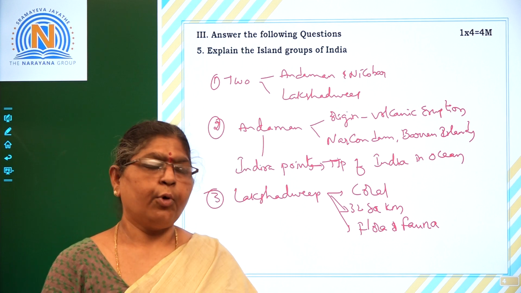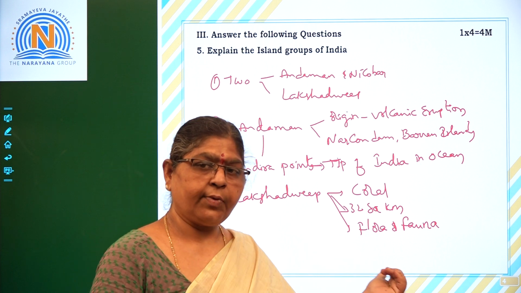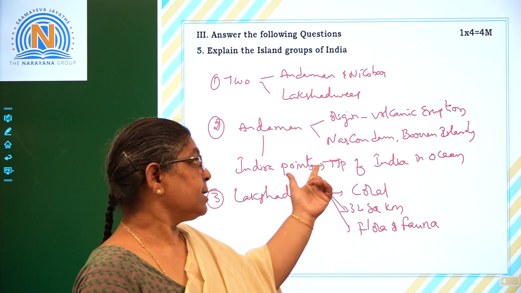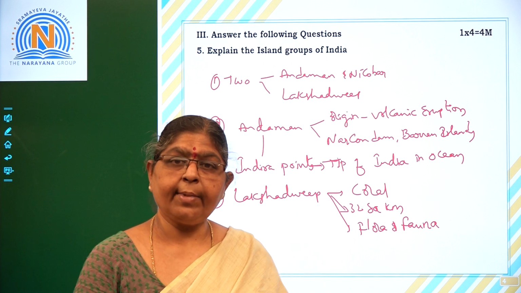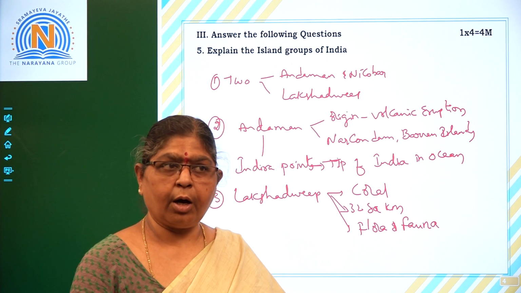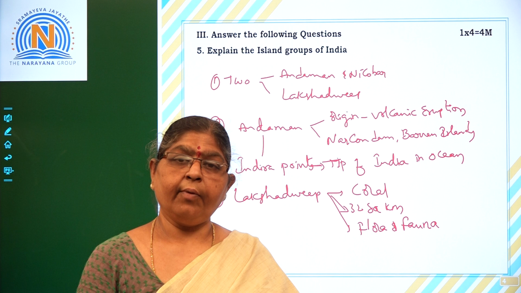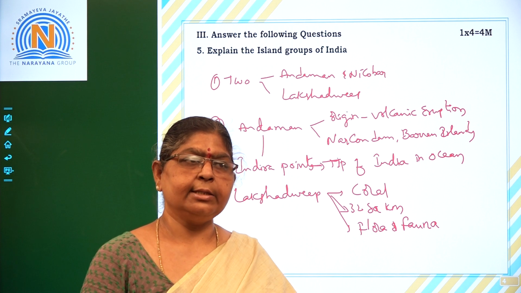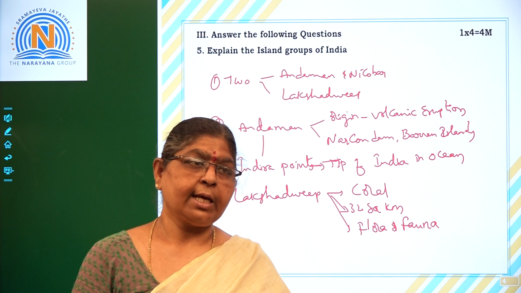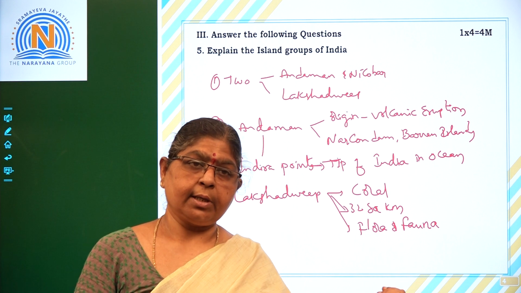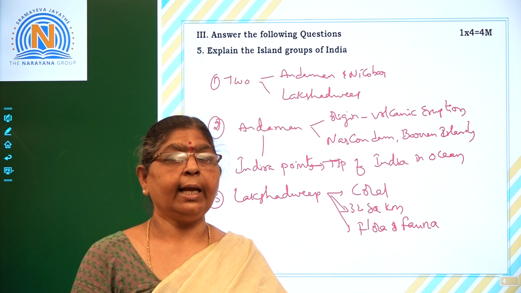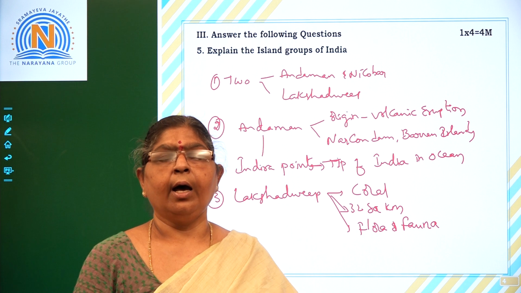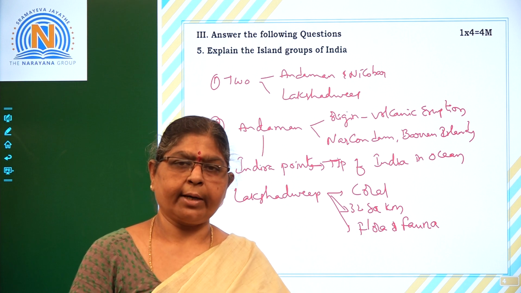So children, most of the islands in Lakshadweep are uninhabited, whereas in the Andaman and Nicobar Islands, some areas are occupied by people. And you know very well that the Andaman and Nicobar Islands were used as a prison during the national freedom struggle. You remember that Tilak also was sent to this prison long back.